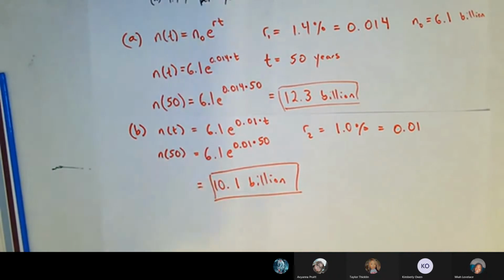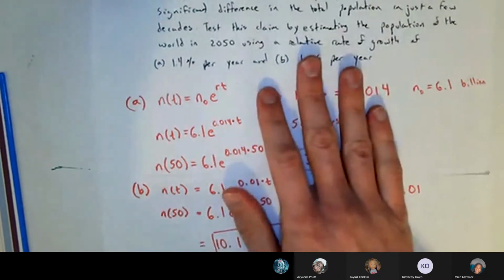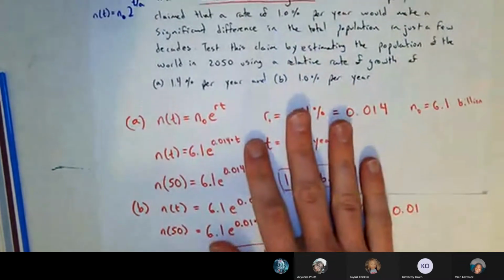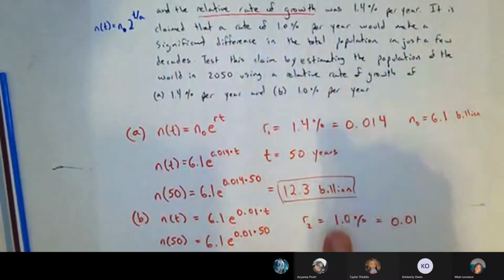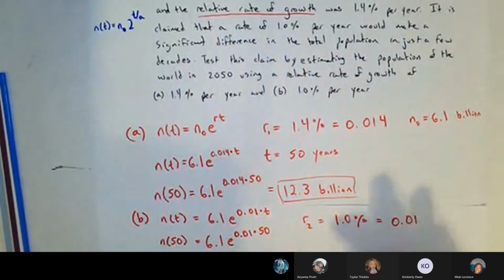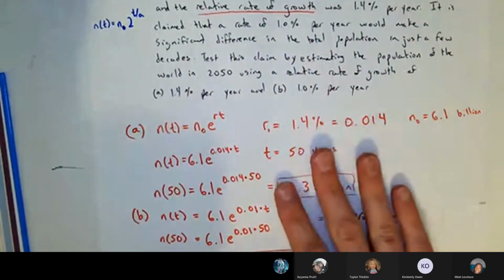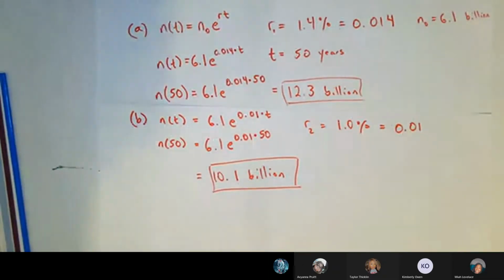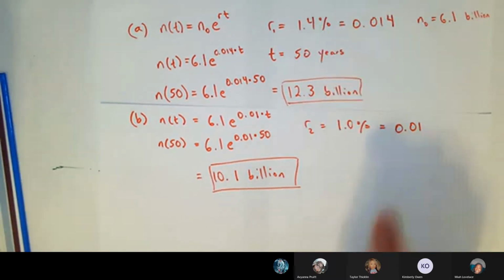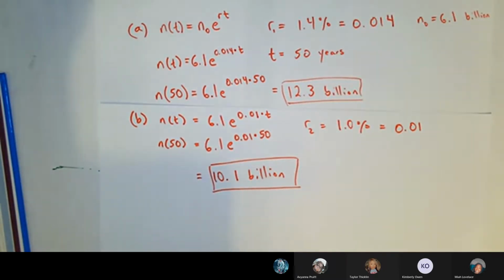The claim was, scroll down, it is claimed that a rate of 1% would make a significant difference in the total population in just a few decades. So is that a significant difference? Yeah, that's like 2 billion people, right? So just that little bit of a change in the percent, just 0.4% difference, gave us 2 billion more people.